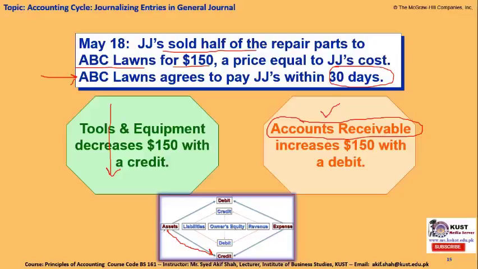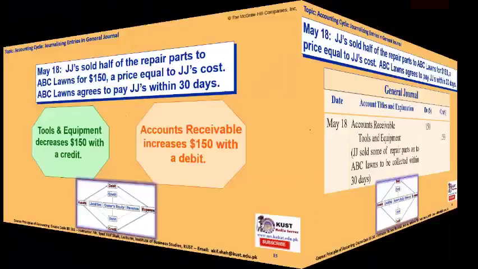And as we know, accounts receivable comes under the umbrella of assets. So this asset has increased because we have to collect this amount later from ABC Lawn within 30 days. Therefore, we have to give a $150 debit entry for the title accounts receivable.